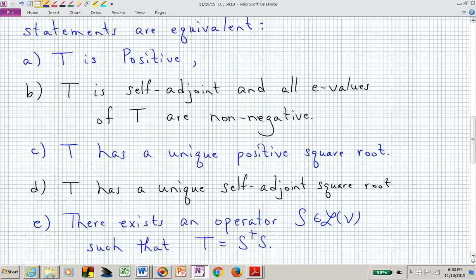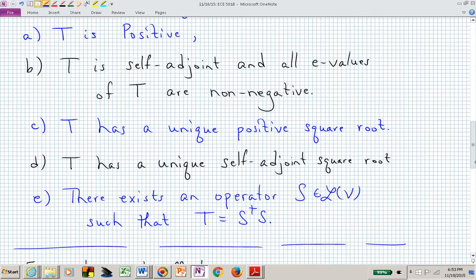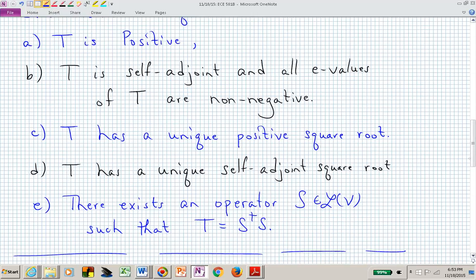(d) T, the linear operator, has a unique positive square root. That's if it's positive. (e) T has a unique self-adjoint square root. That directly follows from the previous one, since a positive square root has to be self-adjoint. So if we have a square root that's positive, by definition it's self-adjoint, and it also satisfies that second property.